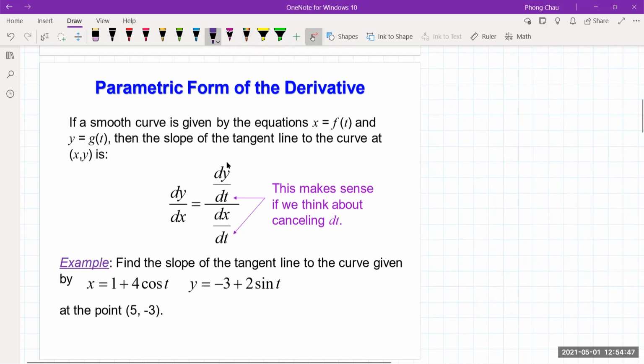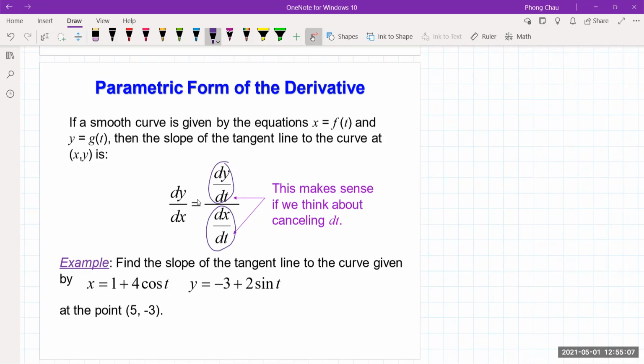Again, this is dy/dt, just the derivative of y, and that's the derivative of x. We could also think of that as fractions. If you have fractions divided by fractions, really the dt cancel out, so you see that's the same as dy/dx.